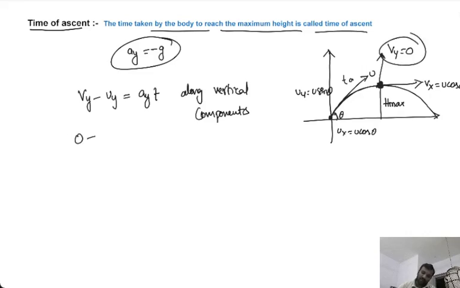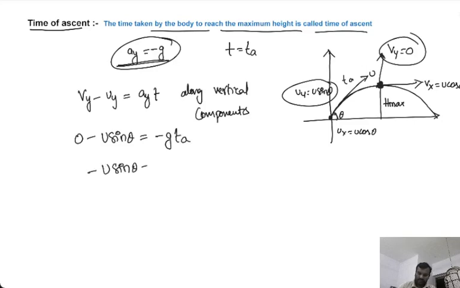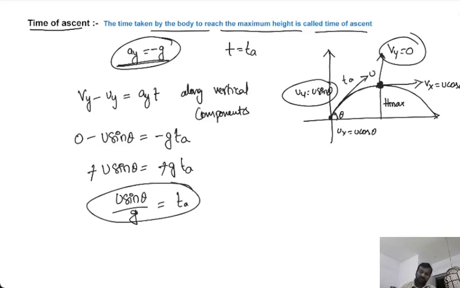So 0 minus Uy, which is u sin theta, is equal to Ay, which is minus g, into t, which we write as ta. Then minus u sin theta is equal to minus g ta. The minus signs cancel. Then u sin theta divided by g is equal to ta. The time of ascent formula is u sin theta by g.